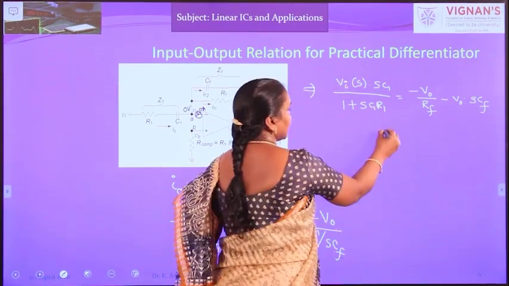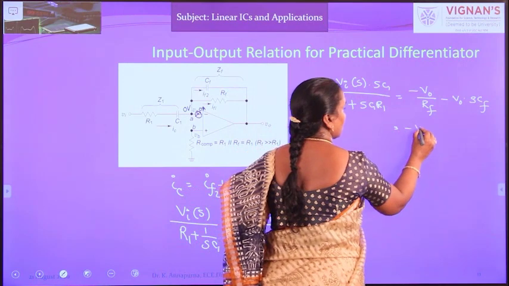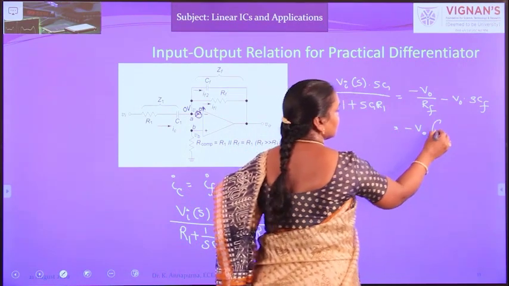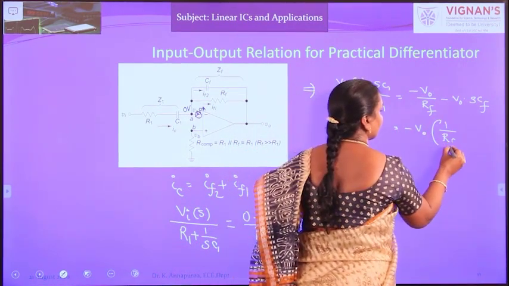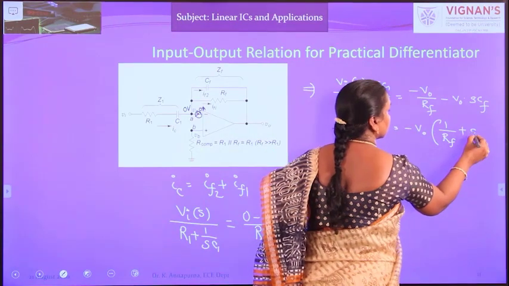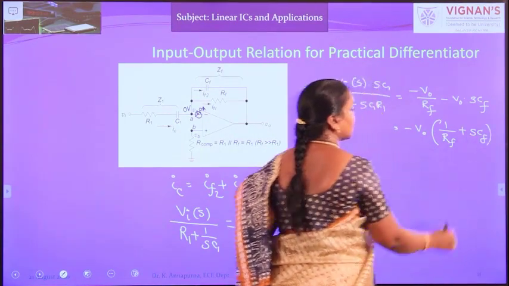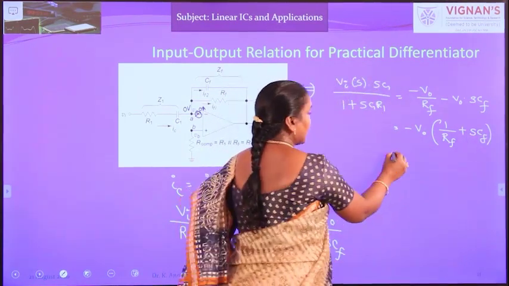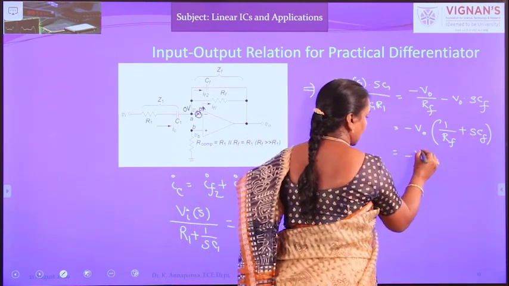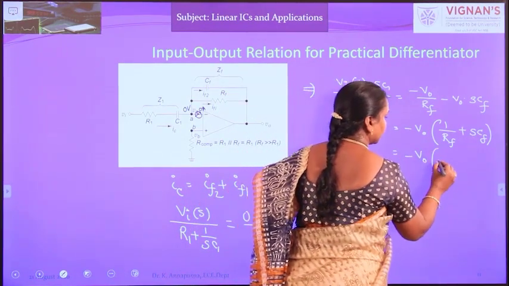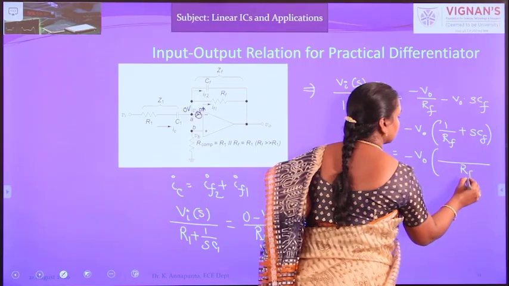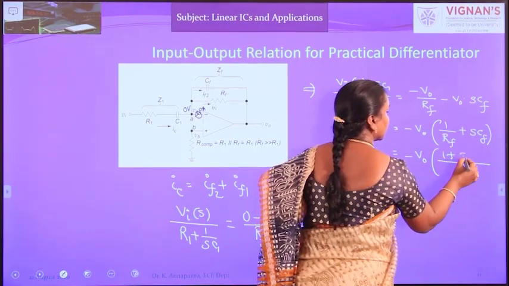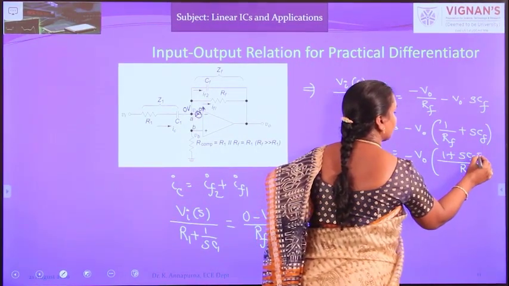Here if I take minus V0 common, 1 by RF plus SCF. By taking RF as LCM, 1 plus SCF RF.